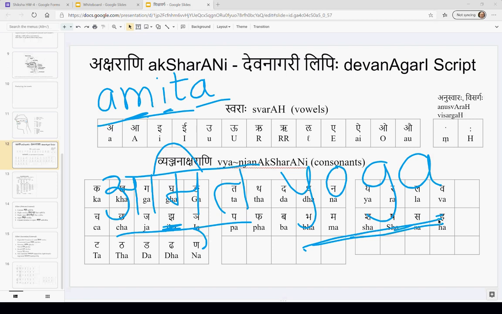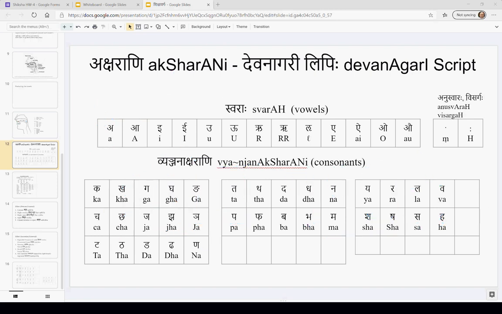But it is not yoga. It is short over here. Yoga. I was trying to highlight the E sound there.